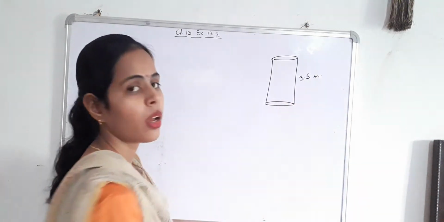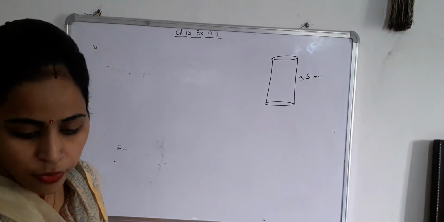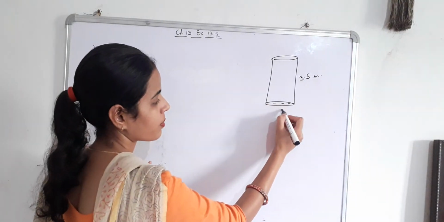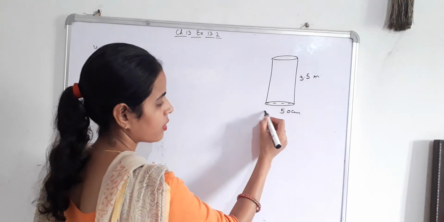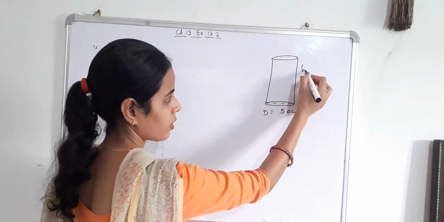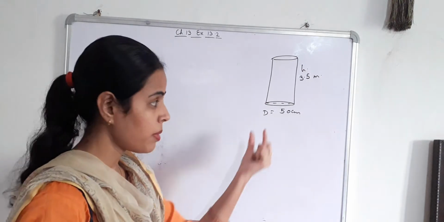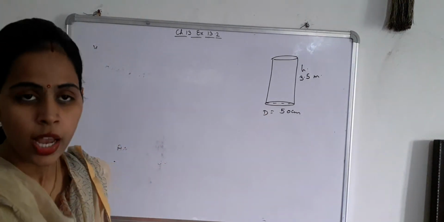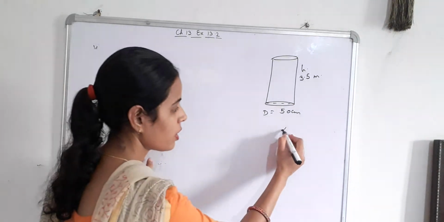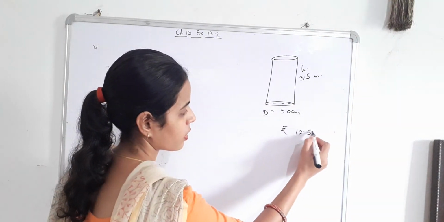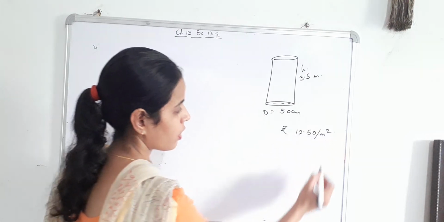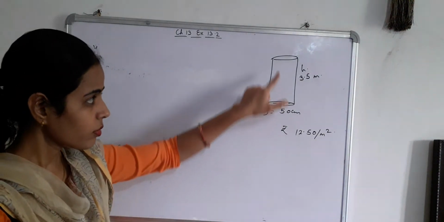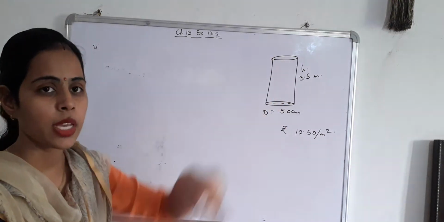Height is in meter but diameter is in centimeter, and the rate is rupees 12.50 per meter square. Find its covered surface area.